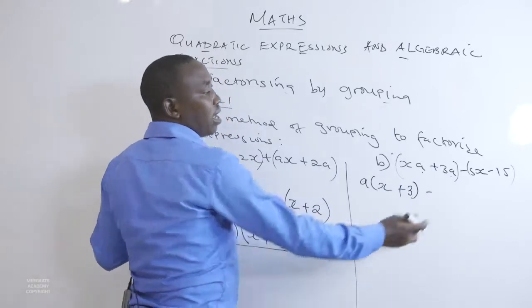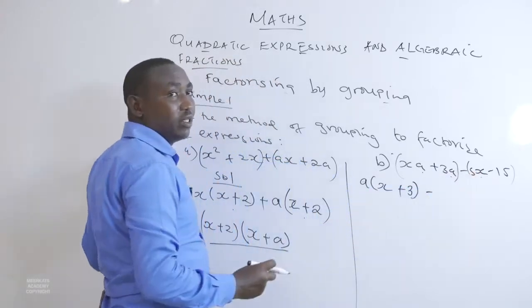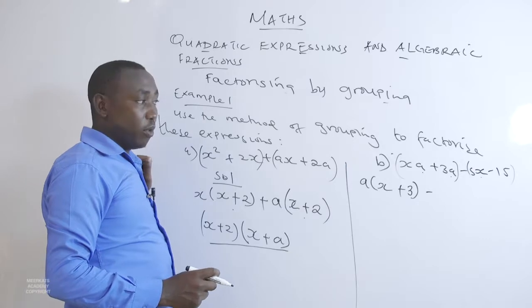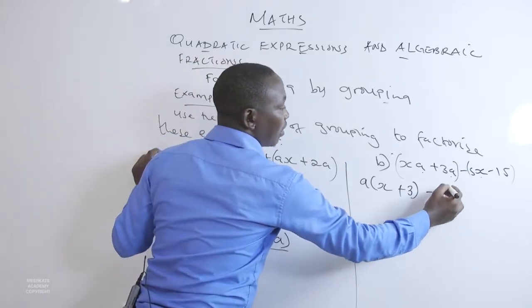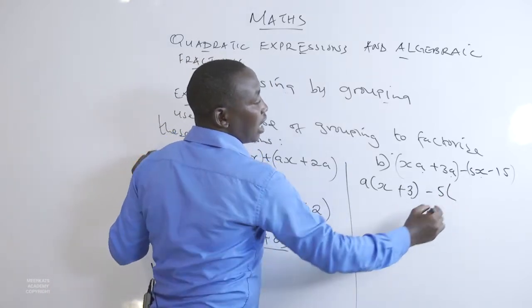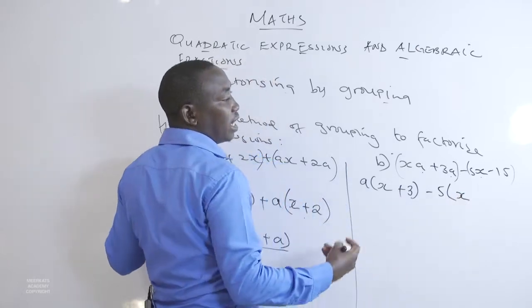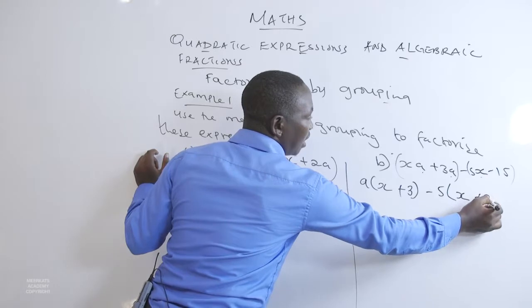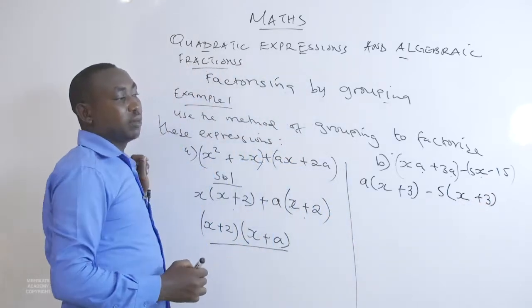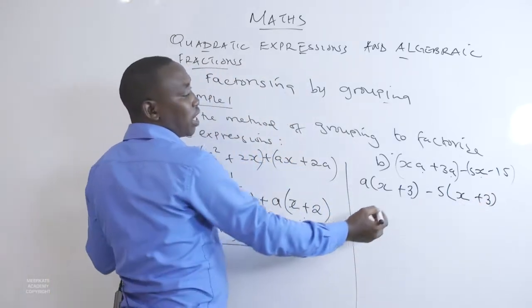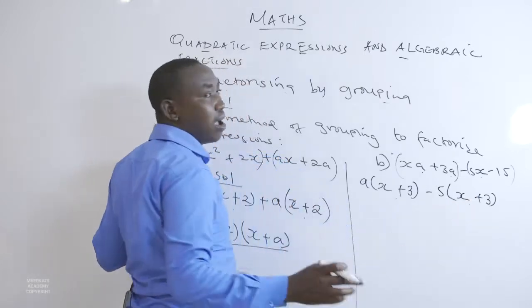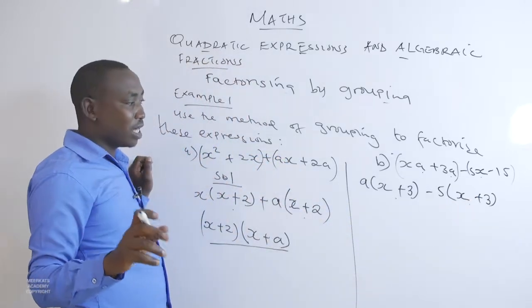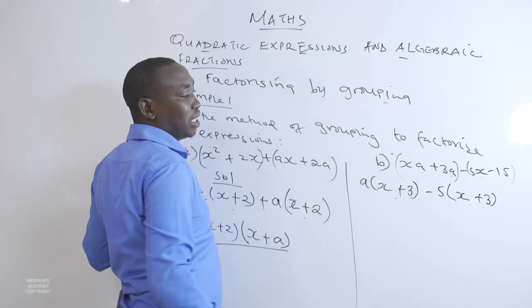Subtract. Between 5x and 15, 5 is common, so we factor out 5. 5 goes into 5x x times. Negative 5 goes into negative 15 positive 3 times. So again, you discover we have a common binomial factor, which is x plus 3.